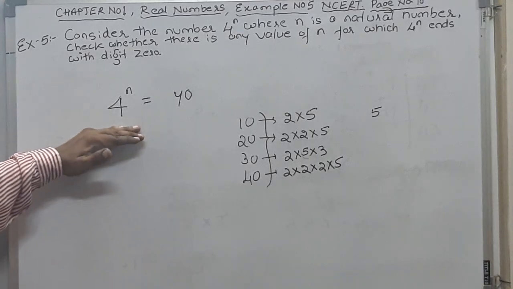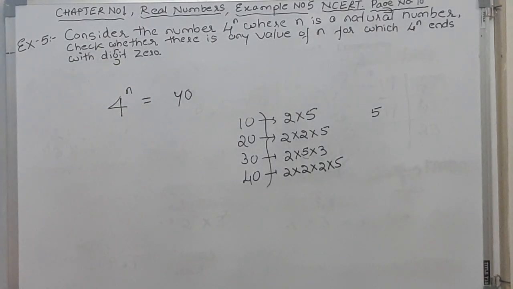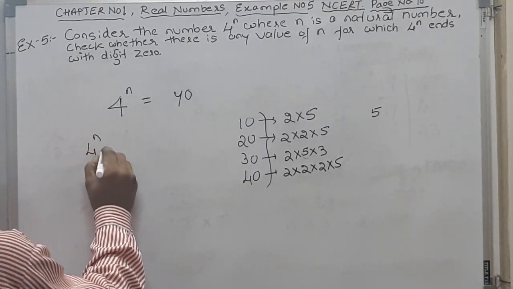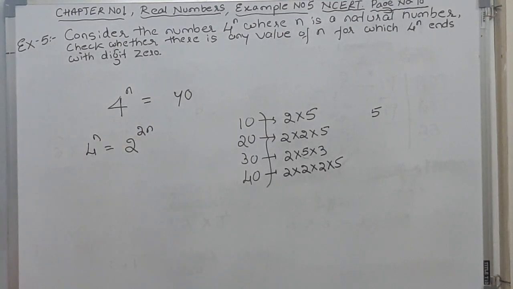So come to here. If you convert 4 raised to n into prime factors, 4 raised to n can be written as 2 raised to 2n.